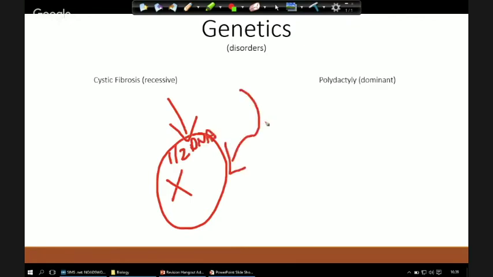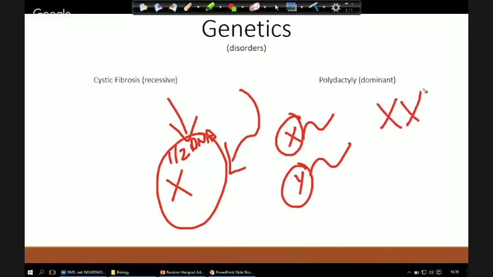The other half will come from the sperm, and that sperm can either be an X sperm or a Y sperm. Depending on which one meets up, if it was this top one, we'd get XX, we'd have a girl, and if it was this bottom one, it would be XY, and we'd have a boy. So hopefully that's answered that particular question.